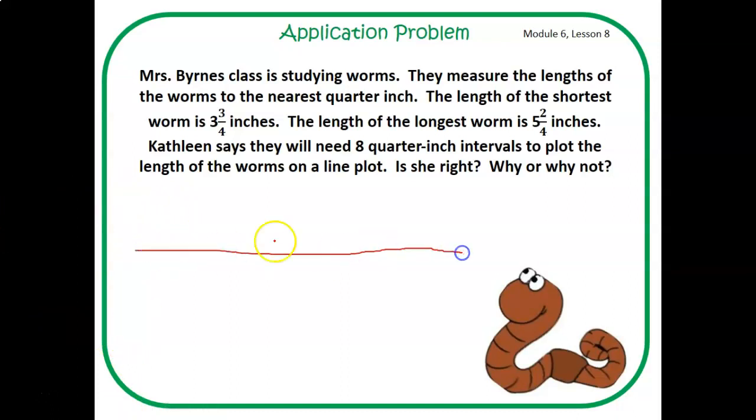Let's draw our line. And we've got 1, 2, 3, 4. We have to have at least 5 2/4, don't we? So let's put our halves in. Let's go all the way to 6. Okay, and then we've got to put our quarters in. Half of a half, right?